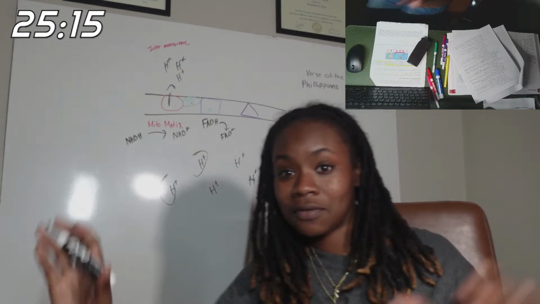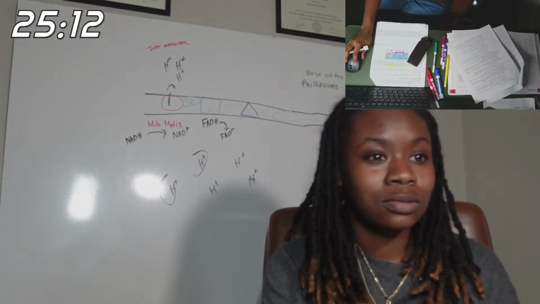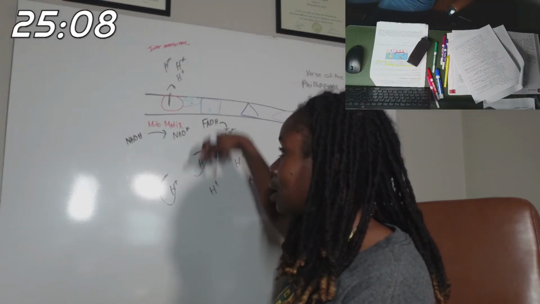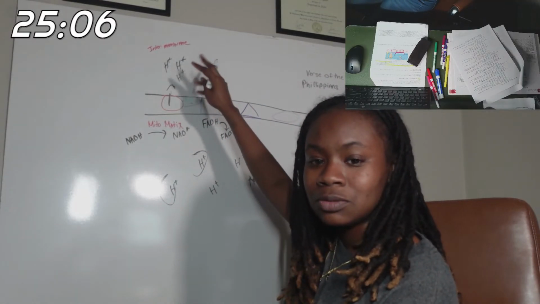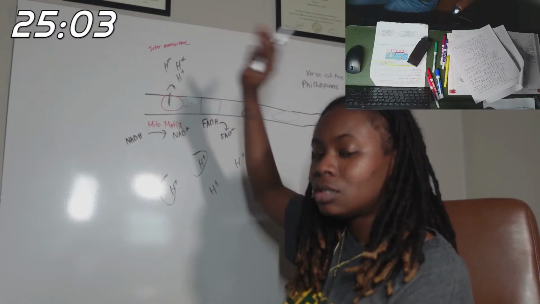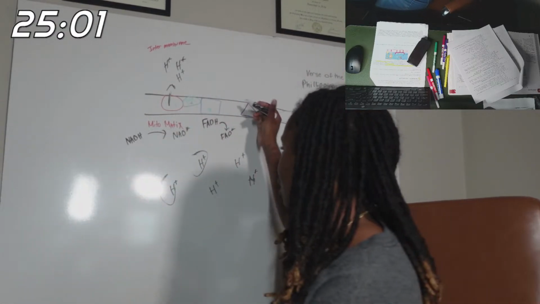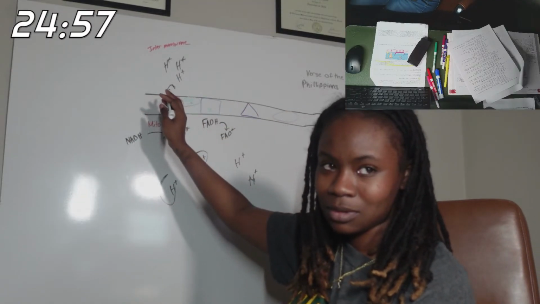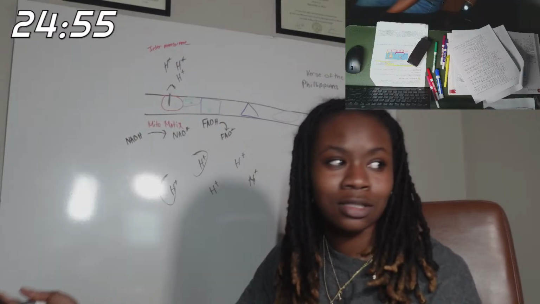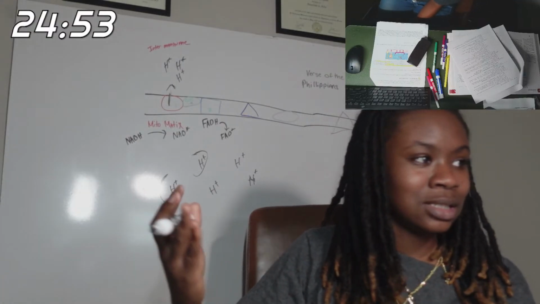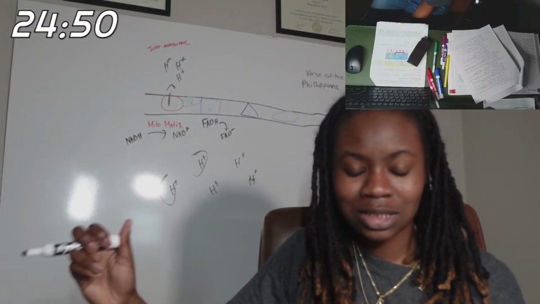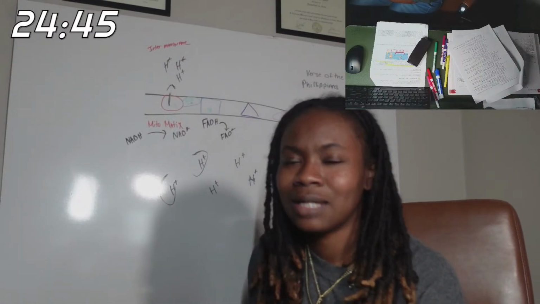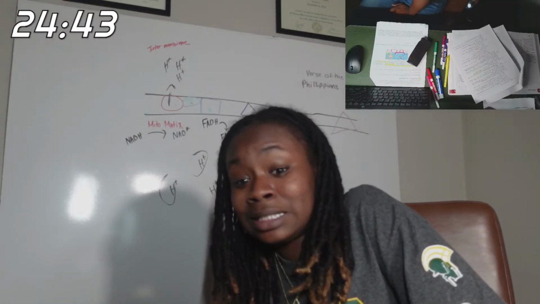However, complex 2 does not have the capability of pumping hydronium out into the intermembrane space. So what does it do? It then gives its electron to CoQ. Makes sense. CoQ is literally just transferring stuff. I've studied this for years, and today it makes sense.